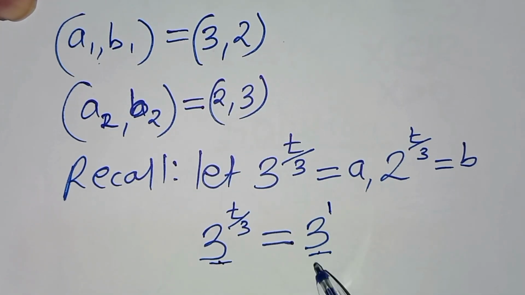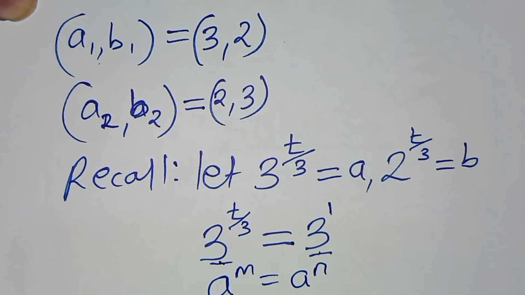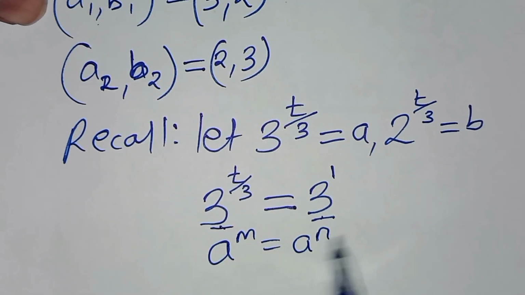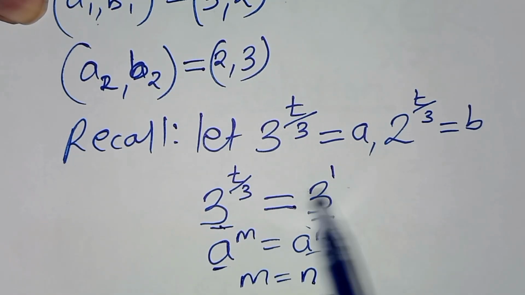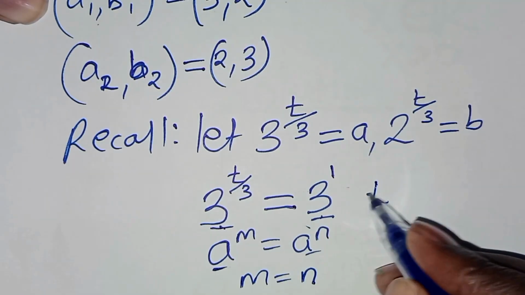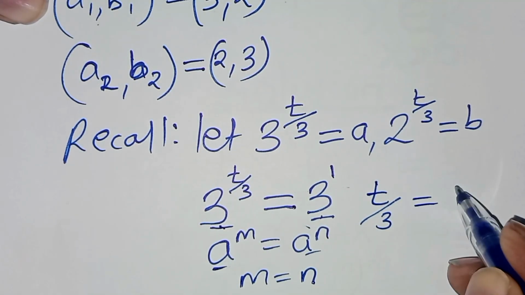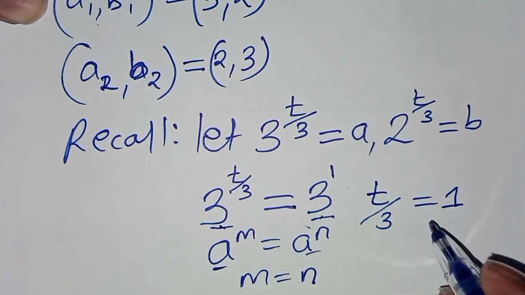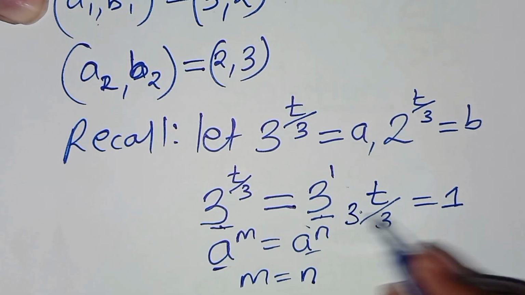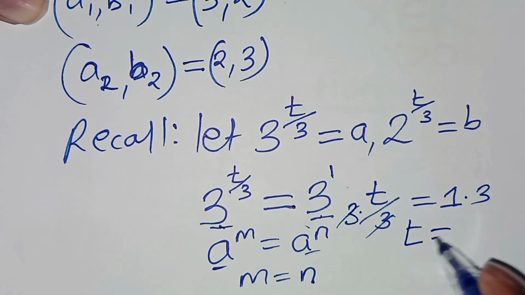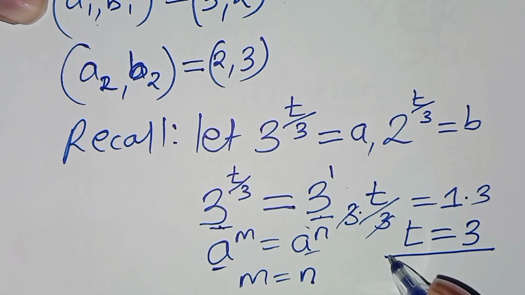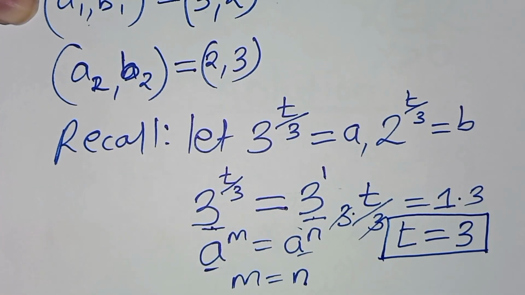Since the bases are common, given that a to power m is equal to a to power n, applying this exponent property, m is equal to n. So it follows that t over 3 is equal to 1. To solve for t, let's multiply both sides by 3, so that t is equal to 3.